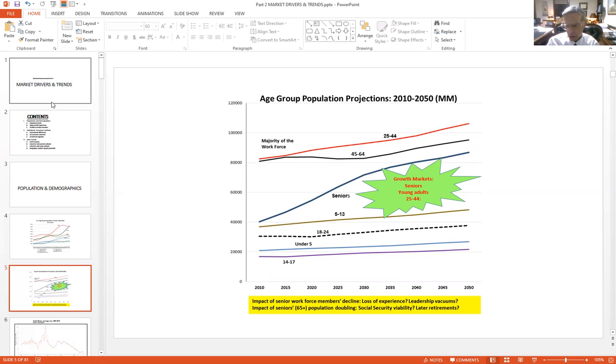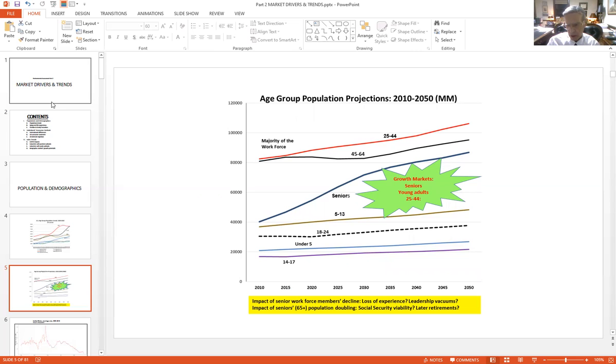But now the seniors, 65 and older, are growing most rapidly of all, and appear to be the group where, if you happen to have products or services that appeal to them, right now there's a rapid rate of growth in demand for those products and services, because those people in this country anyway are growing very rapidly.